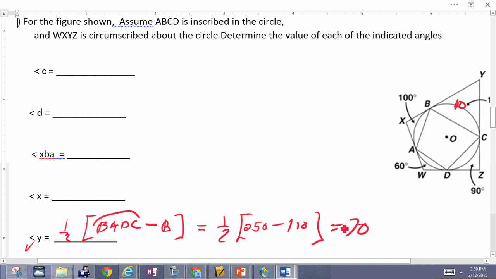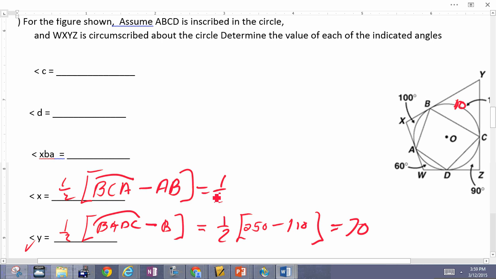We'll find the other angles in the same way. Angle X is 1/2 of the furthest arc, which is arc BCA, minus the closest arc, which is arc AB.